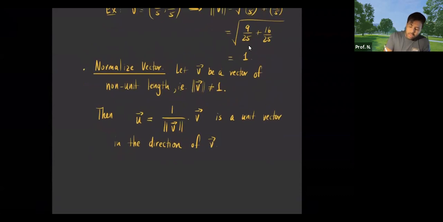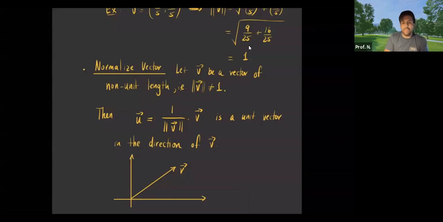So you can give me any vector whatsoever, and I can multiply that vector by a certain scalar, which is 1 over the norm.